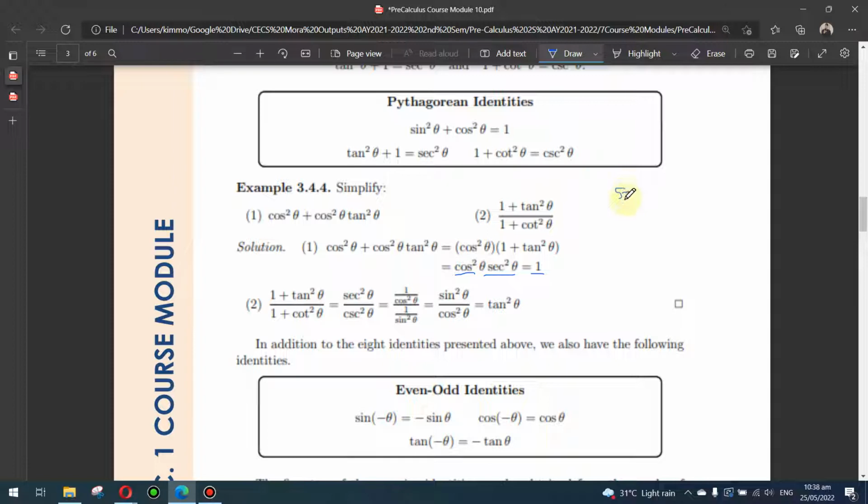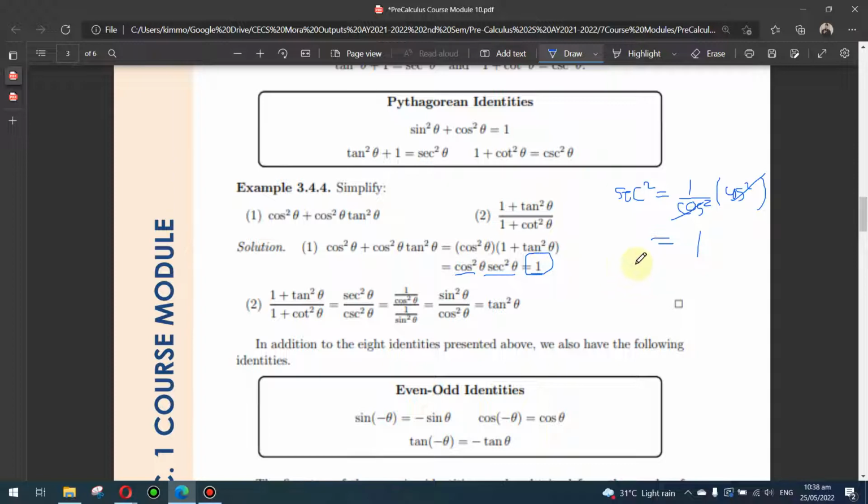Secant squared is actually equal to 1 over cosine squared. Since we have cosine squared here, we multiply it by cosine squared. Again, the numerator and denominator cancel. So what remains is 1. That's why we have the answer of 1.